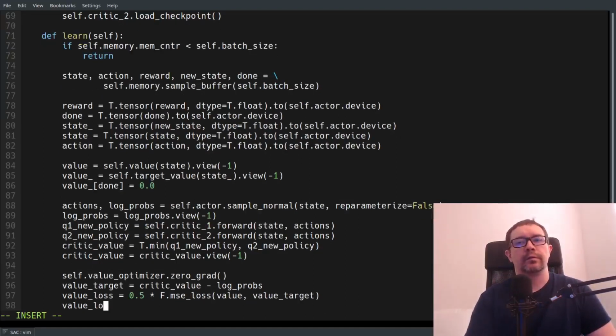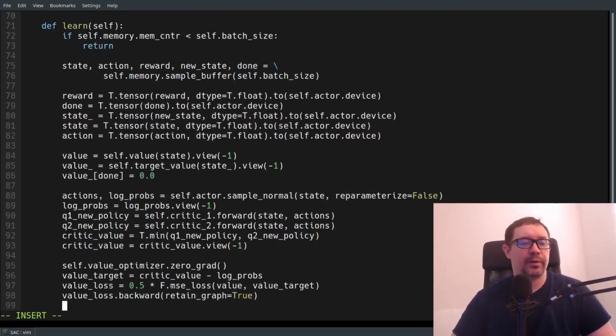Then we want to backpropagate, but I don't know if you're aware of this option for the backpropagation function, but you can actually retain the graph between backpropagations. By default, PyTorch will discard the graph calculations every time it backpropagates, and we don't want it to do that because there's coupling between the losses for the various deep neural networks, so we want to keep track of that graph for the losses for the value and actor networks.